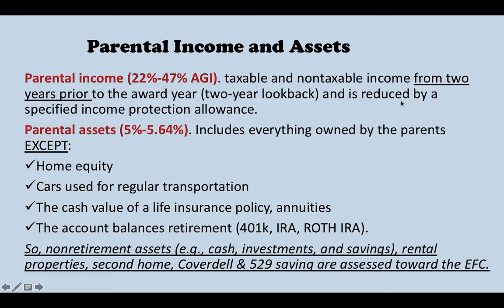There's a protection allowance, a table of how much you can exclude from this percentage. Basically, it's the 2-years-prior AGI that determines the parents' income amount included.